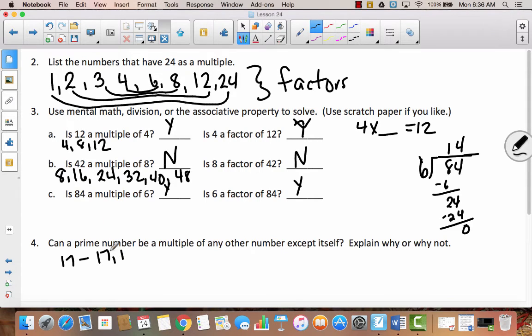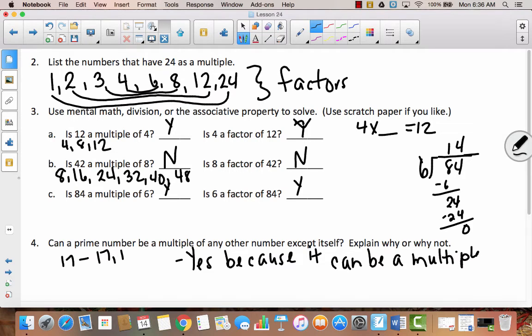So can 17 be a multiple of any other number except itself? So what do you think? Well, I think yes, because it can be a multiple of 1. Of course, all numbers are a multiple of 1, but that would be it.